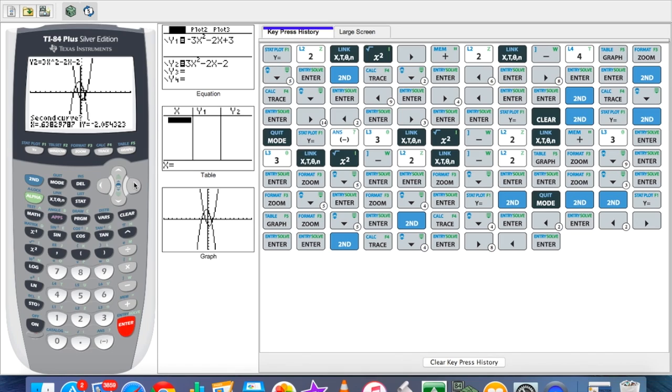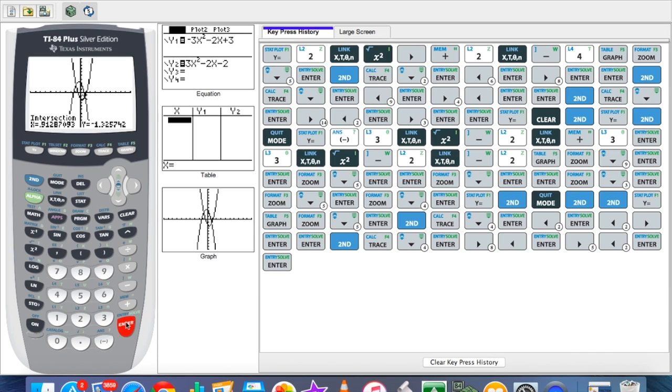It's going to be on the second curve. So we go to the intersection point. We press enter. It says guess. We press enter again. And we see the second intersection point is at x equals 0.913 and y is negative 1.326. So now we have our 2 points of intersection.